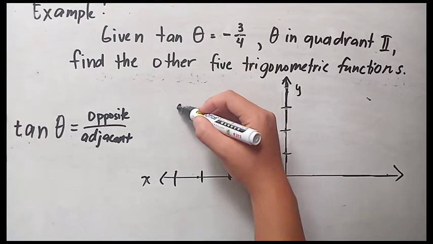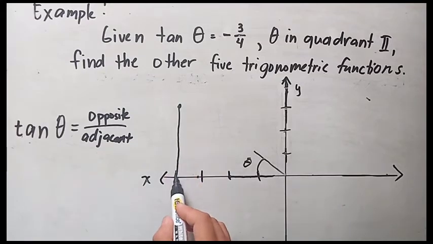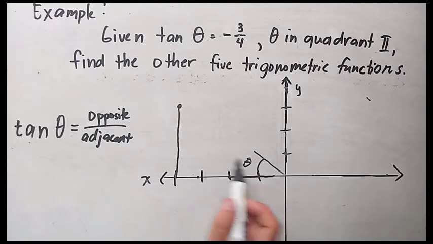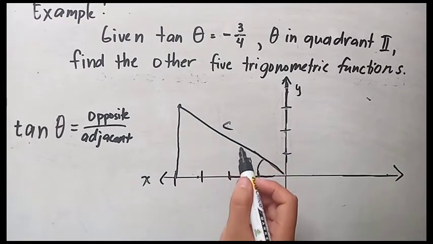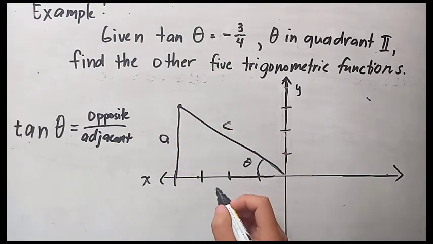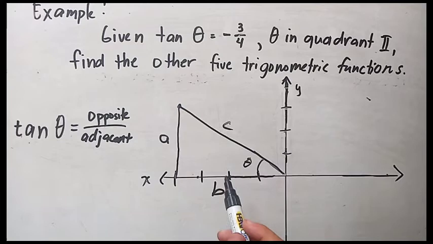So, ibig sabihin, this is now the opposite side. And this is now the adjacent side. And this is your hypotenuse. And we label it as C, A, and B. Kasi nga, diba, ito yung pinakamaliit, ito yung susunod, and this is the longest side.